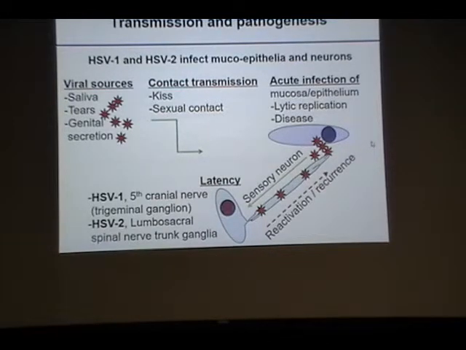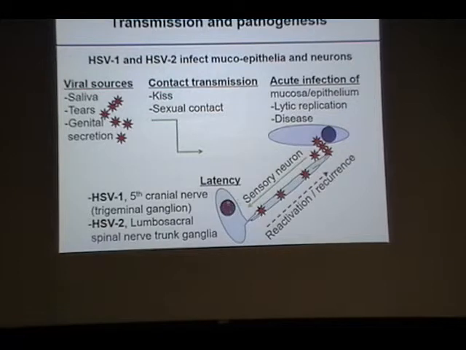This will result in the production of new viruses. The newly produced virus can travel through the sensory neurons and get to the central nervous system. For herpes simplex 1, eventually the virus will get into the trigeminal ganglion. And for herpes simplex 2, it will travel through the neurons and get to the spinal cord ganglia. There the virus establishes latency.